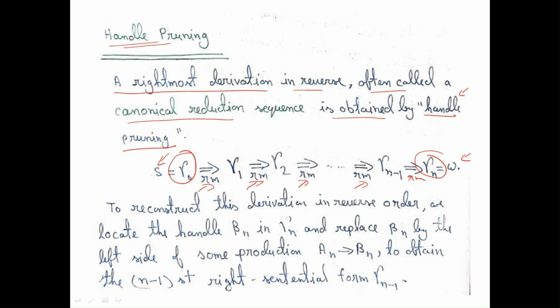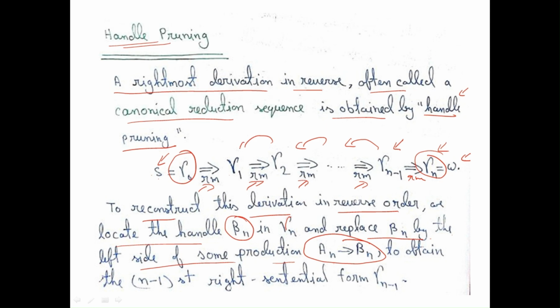To reconstruct this derivation in reverse order, we locate the handle beta n in gamma n and replace beta n by the left side of some production, A n is rewritten as beta n, to obtain the n minus 1th right sentential form gamma n minus 1, and this process is repeated until we reach the start variable.